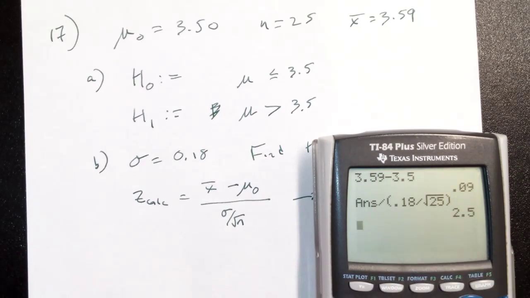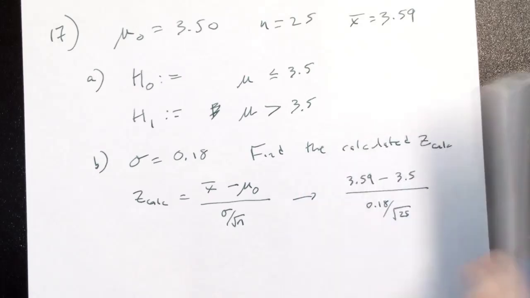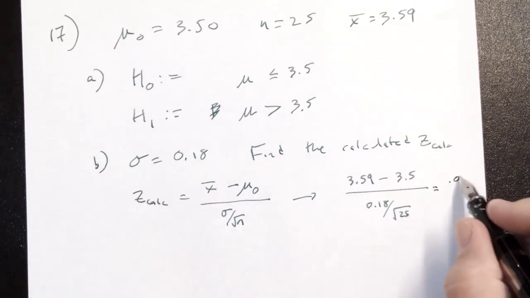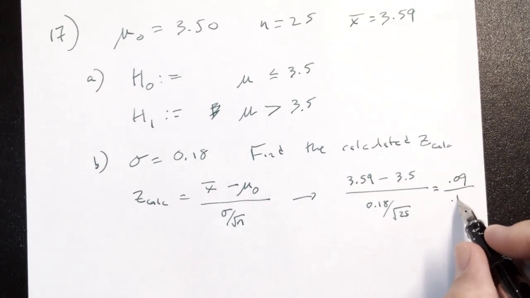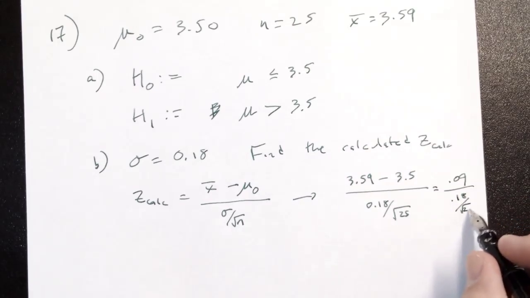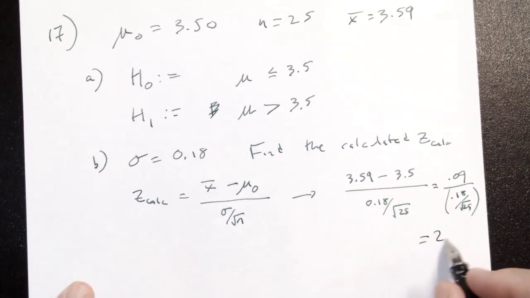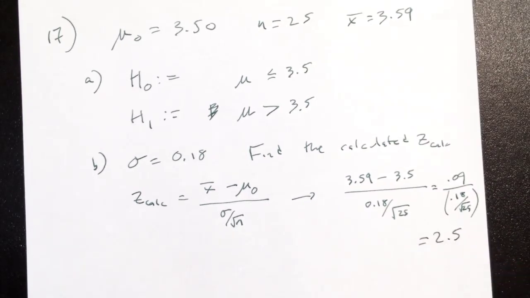Sometimes it helps to do that calculation first. I always think of just putting parentheses around the bottom when the bottom's not one single thing. So I have my statistic.